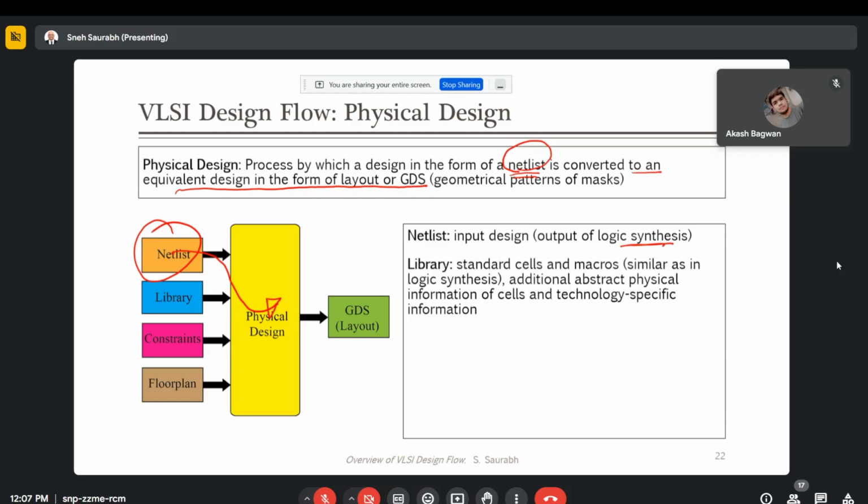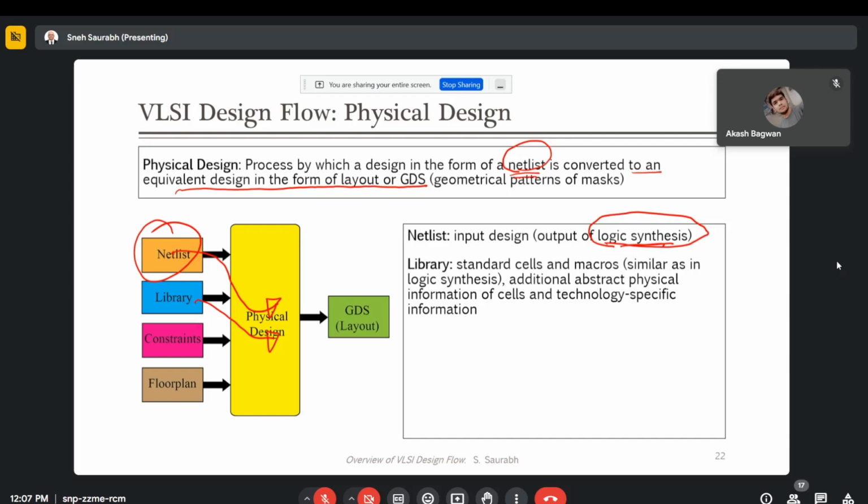And then we have the library. We need to give the same library which we used in logic synthesis. In logic synthesis, we gave various libraries as input to the tool. Those libraries must be given to the physical design tools also.